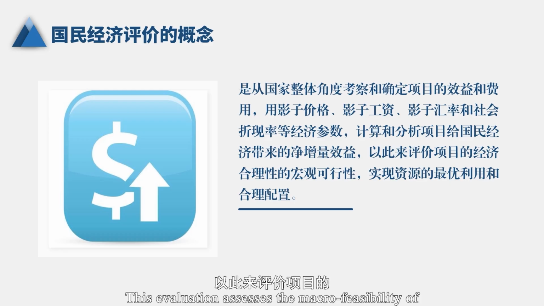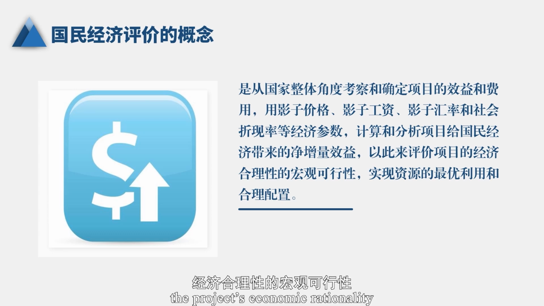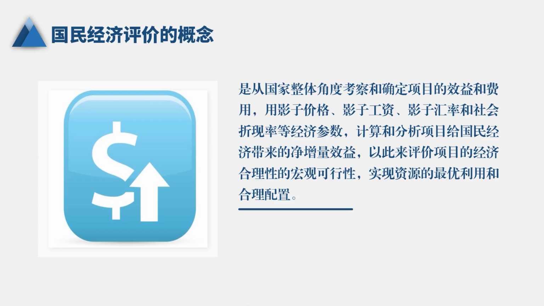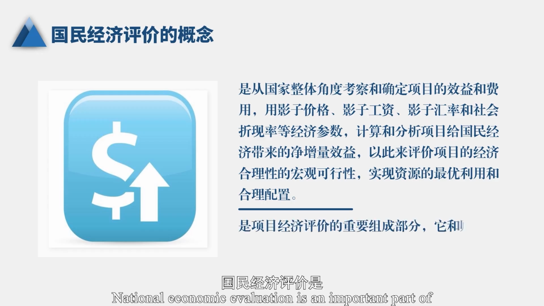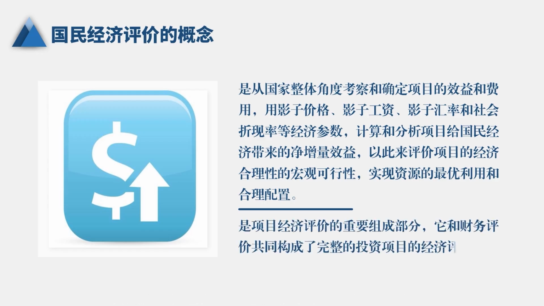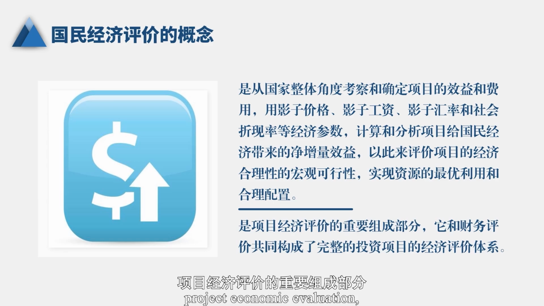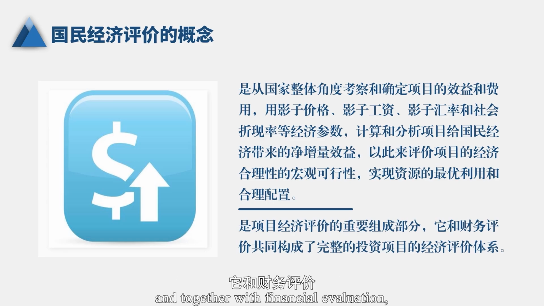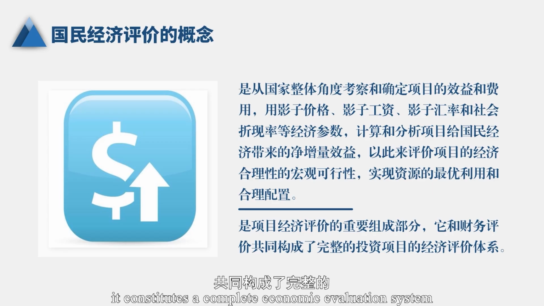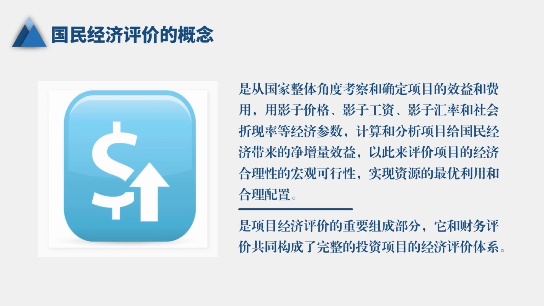This evaluation assesses the macro feasibility of the project's economic rationality and aims to achieve optimal utilization and rational allocation of resources. National economic evaluation is an important part of project economic evaluation, and together with financial evaluation, it constitutes a complete economic evaluation system for investment projects.